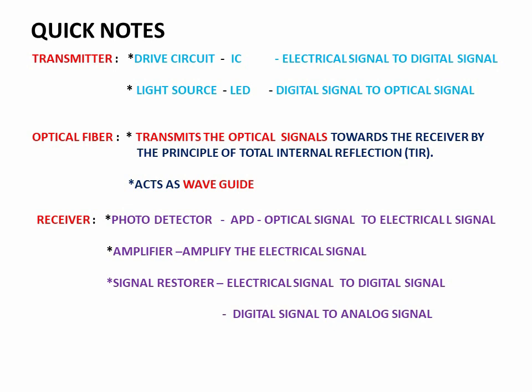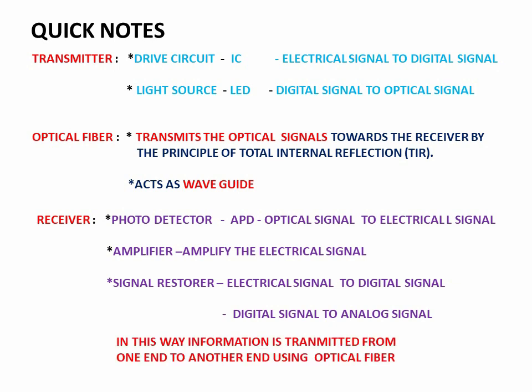Photodetector: avalanche photodiode can be used as photodetector, which is used to convert optical signal into electrical signal. Amplifier, which is used to amplify the electric signal. Then signal restorer converts the electric signal to digital signal, and further it is converted into analog signal. So in this way, the information is transmitted from one end to another end using optical fiber.